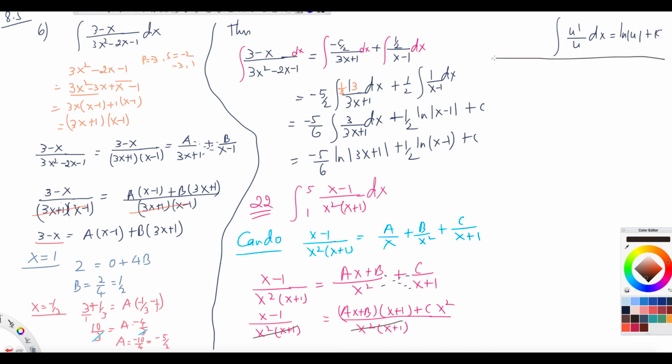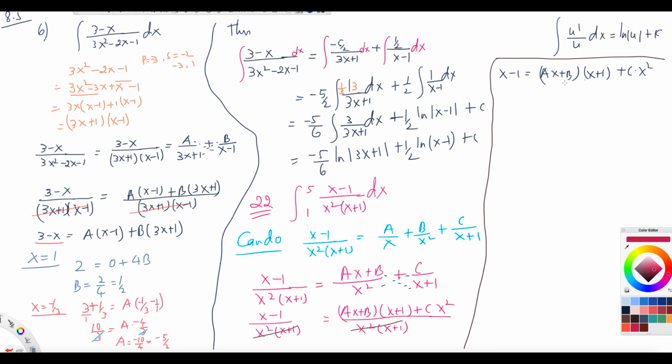So what you got there is basically x - 1 equals (ax + b)(x + 1) plus c x squared. Now we need to pick different values of x that make one of the terms 0, right?